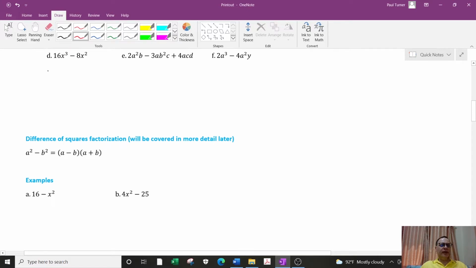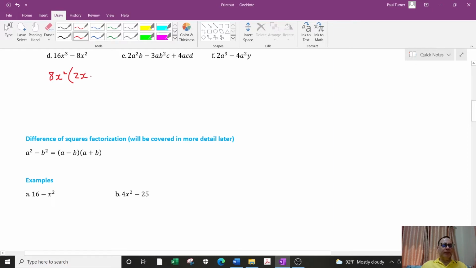In question D, we have 16x cubed minus 8x squared. Okay, so the common factor here you see will be 8. And we have an x cubed and an x squared. So the lower power is x squared, so we take out x squared. You would be left with 8 times 2, 2 8s is 16, x squared times x power 1, which we don't write the 1.